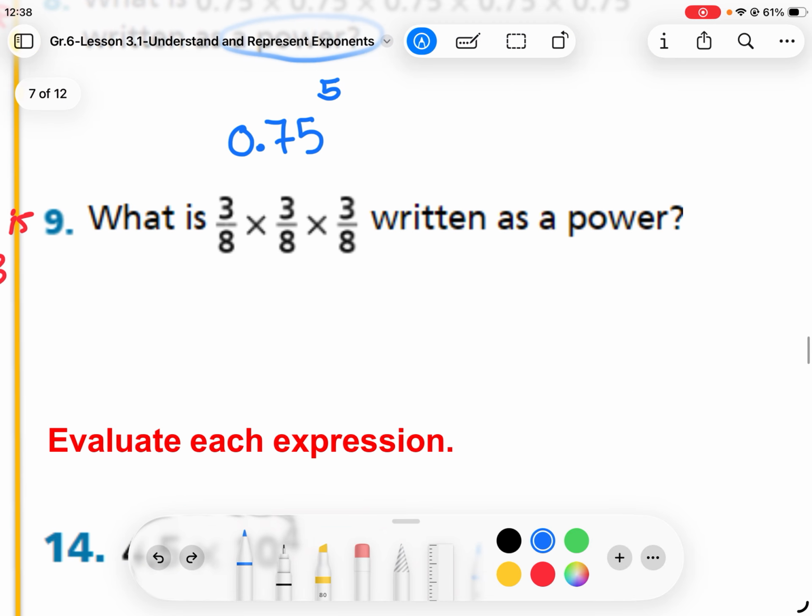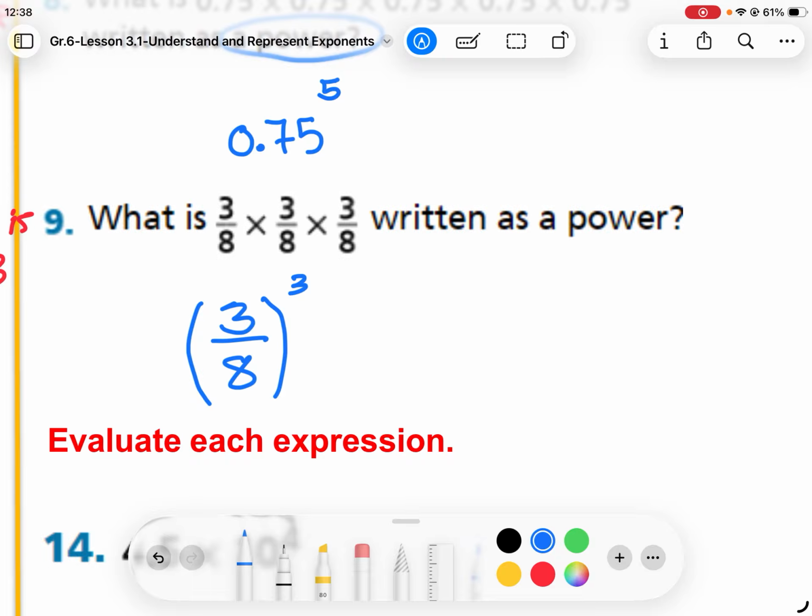Second, question number 9, we're going to do the same thing. What is 3/8 times 3/8 times 3/8 written as a power, the same thing. Your base is 3/8. And how many of them do you have? How many 3/8 do you see? We see 3. It's better to put it in parentheses like that, so you don't think the 3 is only for the 3.